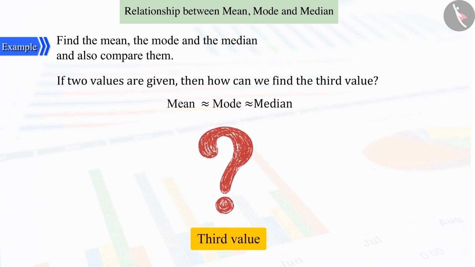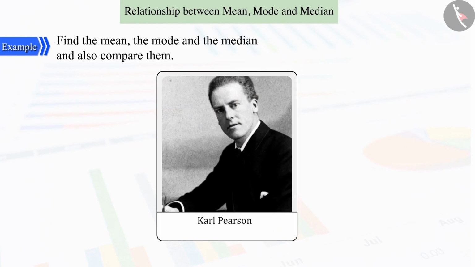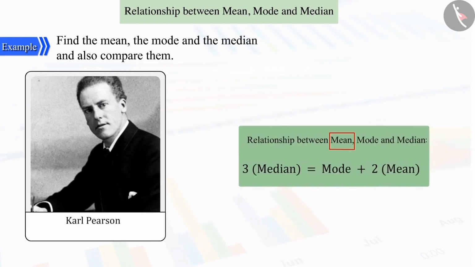Let's explore this further. For this, the great mathematician Karl Pearson said that a relation between mean, mode, and median would be 3 times the median is almost equal to mode plus 2 times the mean. In this regard, if any two values are kept in this relation, then we can get the third value.